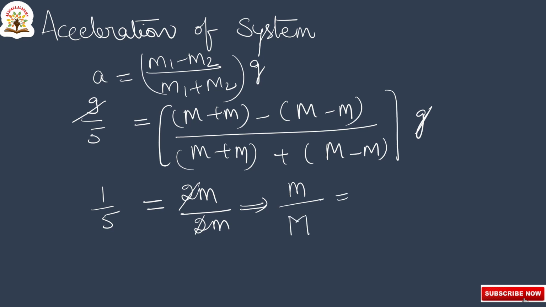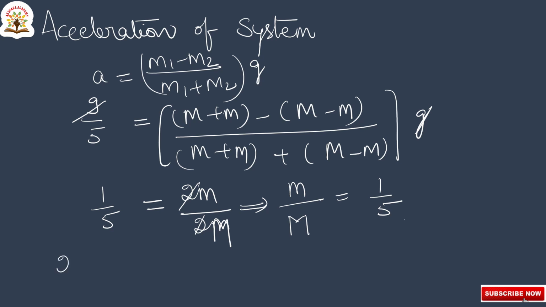capital M is equal to 1 by 5. So m by M is equal to 1 by 5 we are getting.